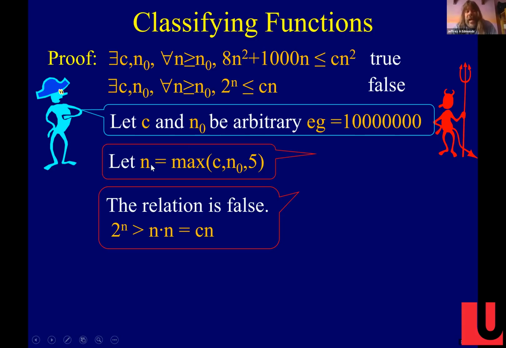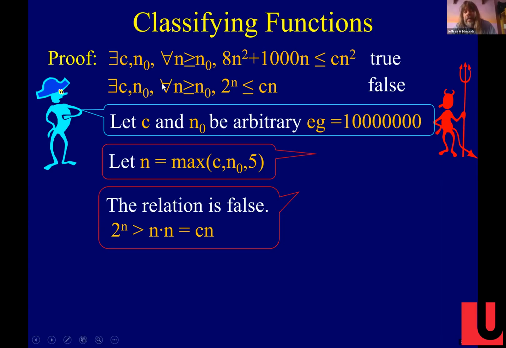Well, I need my n to be bigger than his c, because if I make n to be 1 and he makes his c to be 1 billion, he'll win, right? So if he makes his c to be 1 billion, I'm going to make my n to be 1 billion. That's fair, right? I also need n to be bigger than n naught.